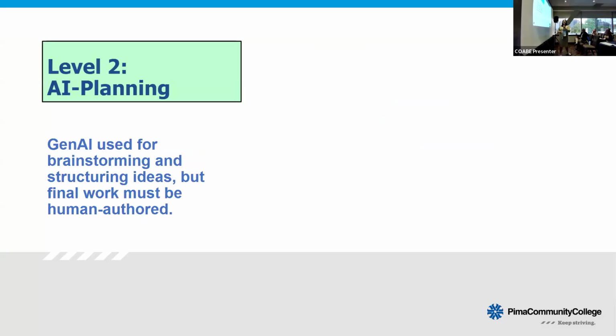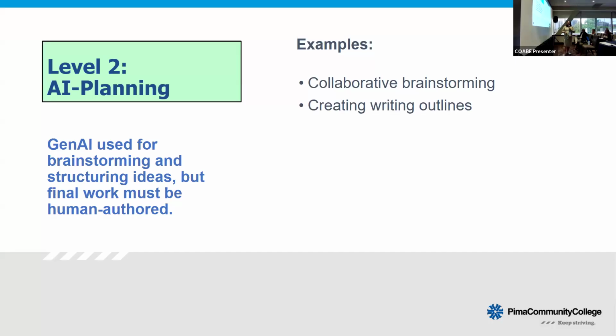Level 2, again, you can use AI as part of your planning process, brainstorm some ideas, but the final work must be created by the student. Okay. Some examples: collaborative brainstorming, writing outlines, okay, research assistance, spell check.